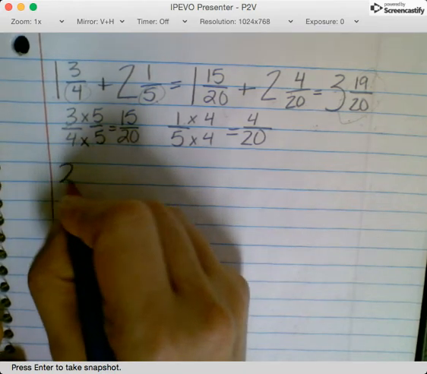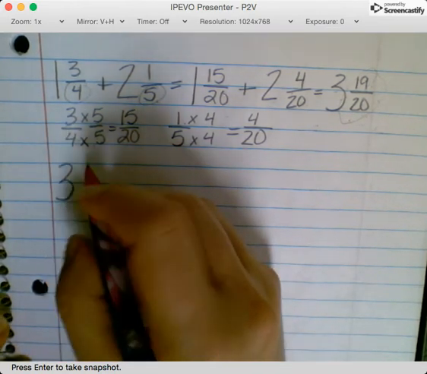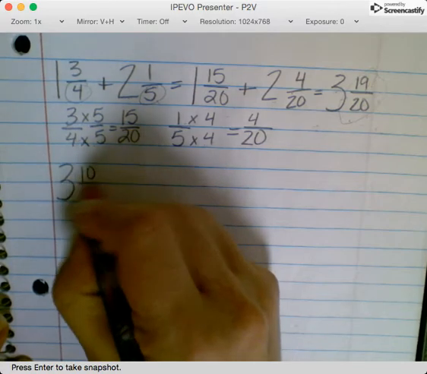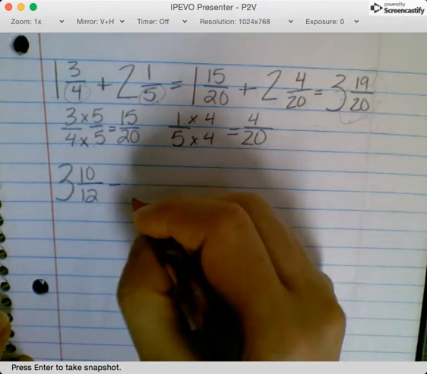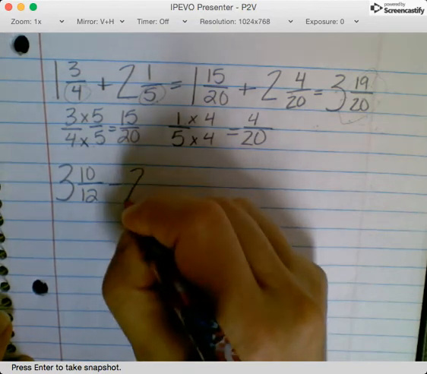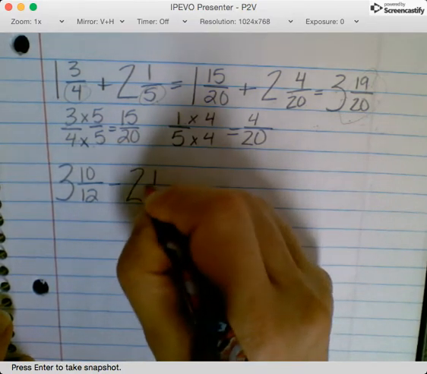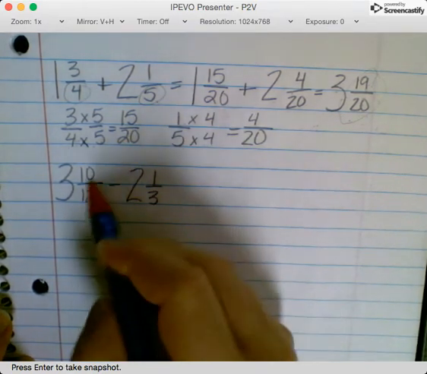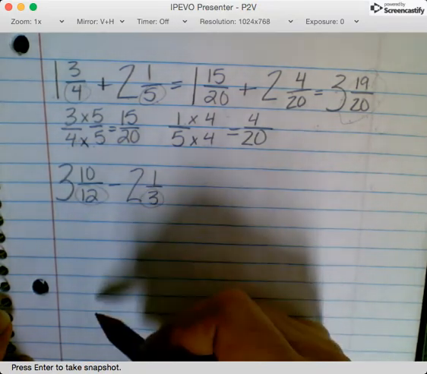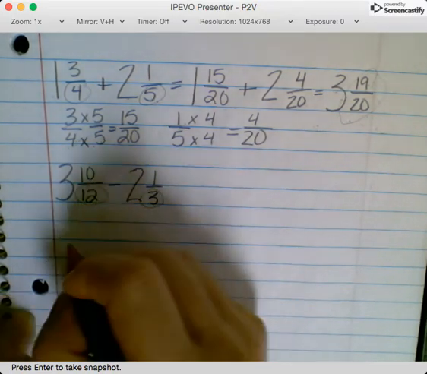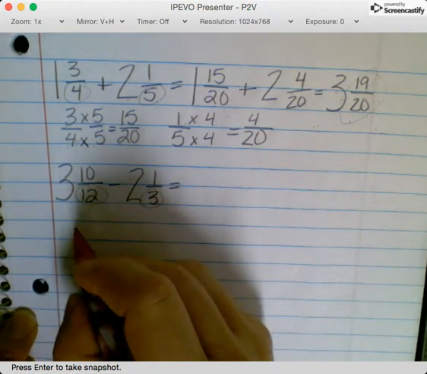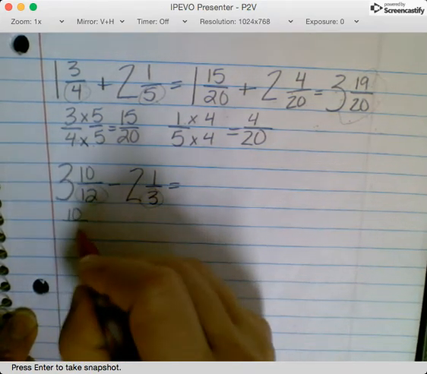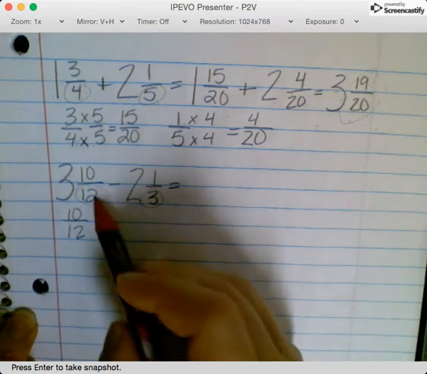The next example I'll do is a subtraction example. So we have 3 10/12 take away 2 1/3. Again, we have to first make sure that the bottom numbers, or the denominators, are the same. We don't really worry too much about the whole numbers yet. So we have 12 and 3.